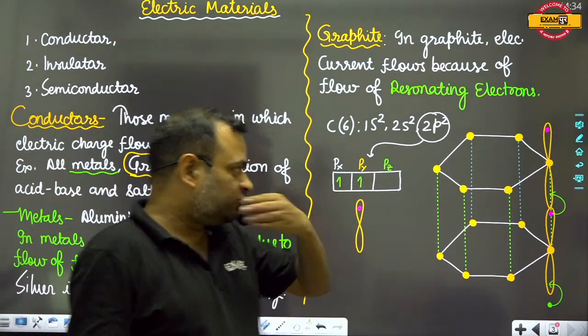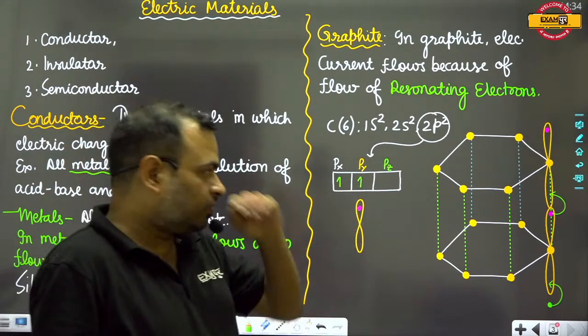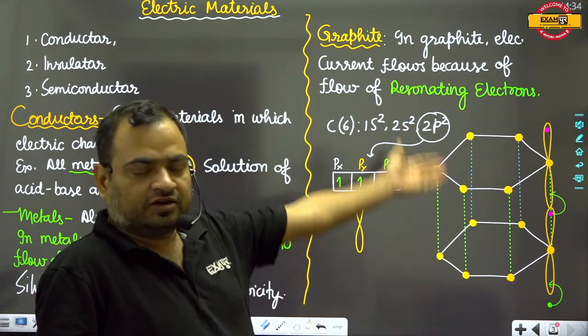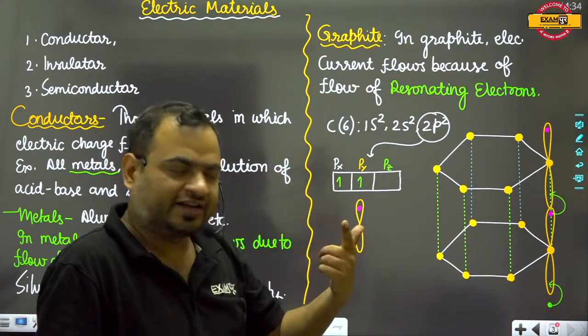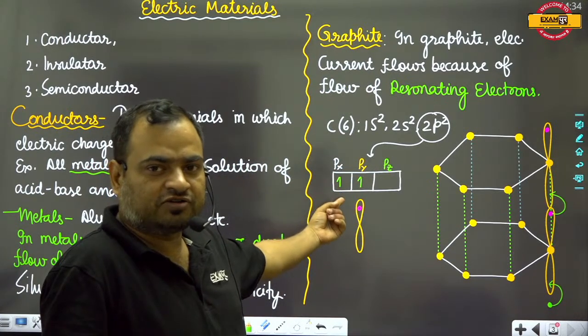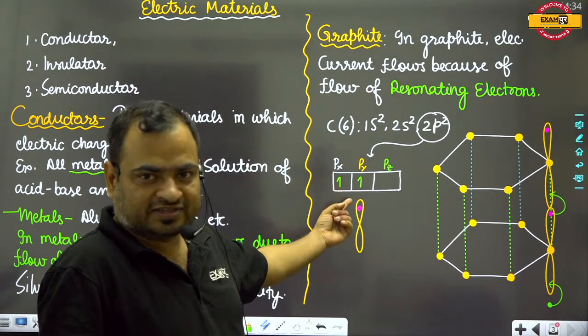Due to the freeness of the electron in one direction, it can also move in the x direction, because there is one electron in the p orbital of the x axis also.